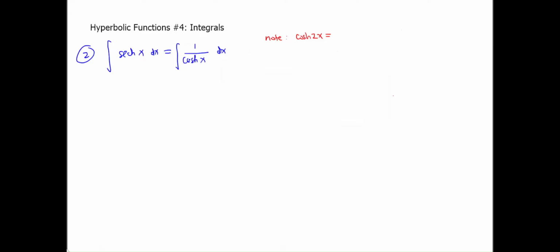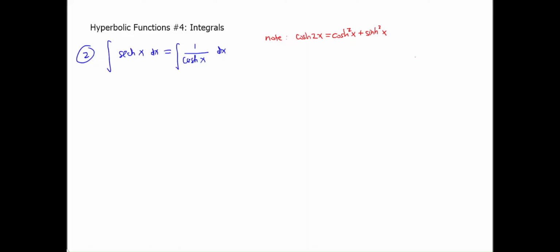Let's try a different version of this now. We start off the same way by talking about hyperbolic secant as 1 over the cosh function. What I'm going to do is show you a cosh double angle identity. x here is not an angle, though sometimes it's still called that. If you want to call it a double argument identity, because x is the argument of that function.